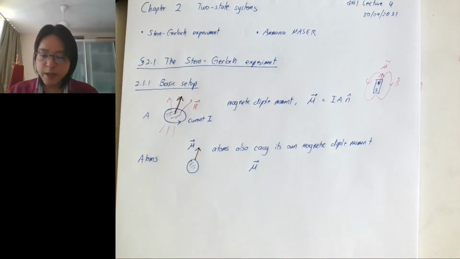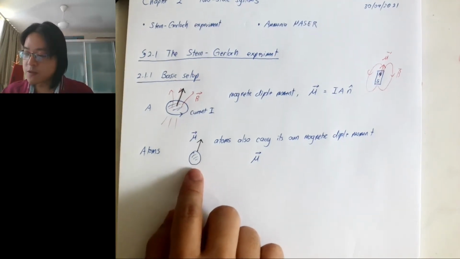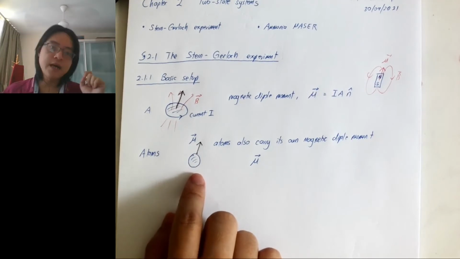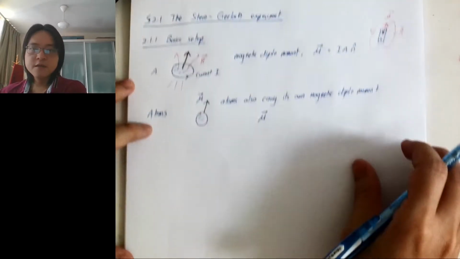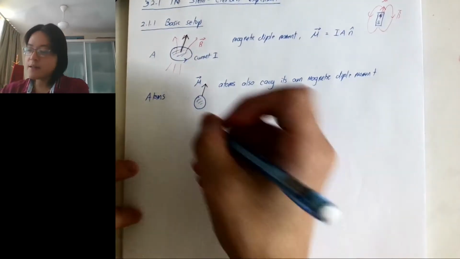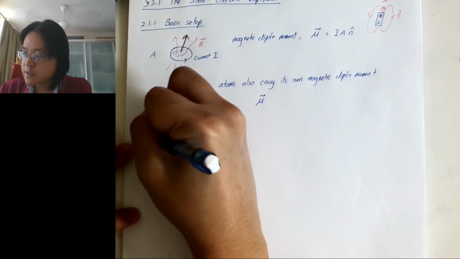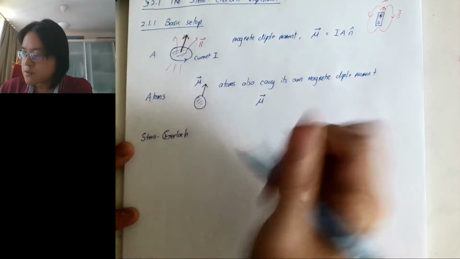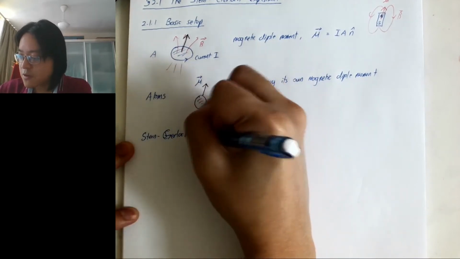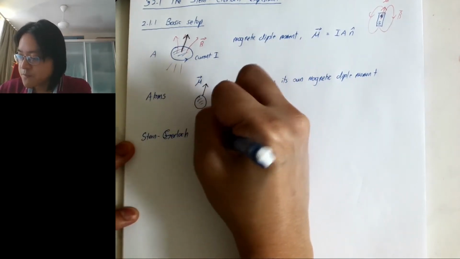Okay, so that is the essence of the Stern-Gerlach experiment, which is to measure this magnetic dipole moment. That is the original design of the Stern-Gerlach experiment. This is a very long thing to write, so I'll just call this SG.